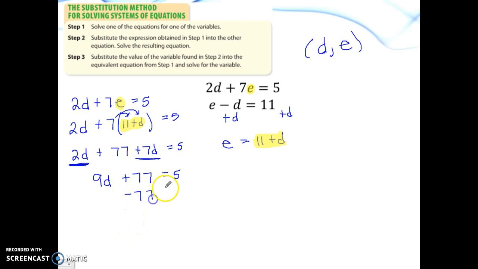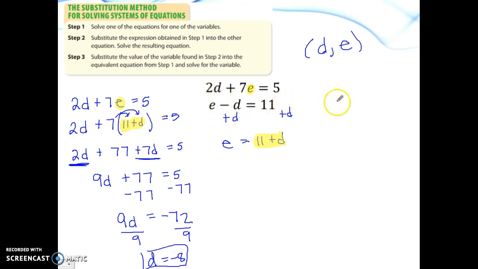And then if I subtract 77 on both sides, I would end up with 9D equals negative 72. And if I divide both sides by 9, I get D to equal negative 8. So D in my ordered pair is equal to negative 8.